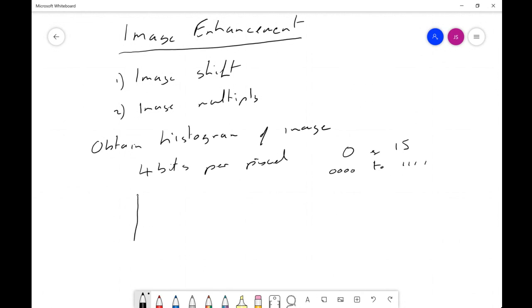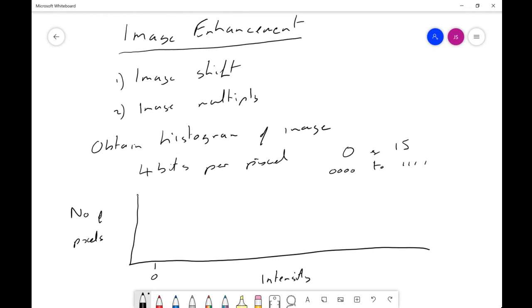And the histogram is a graph. Offset it because you will have values at 0. And the vertical is the number of pixels. And the horizontal is the intensity.